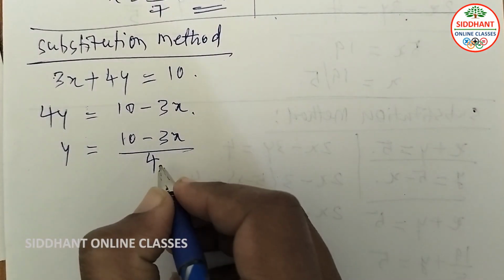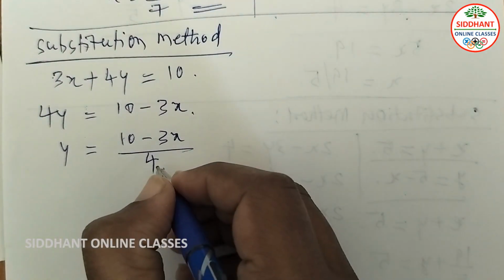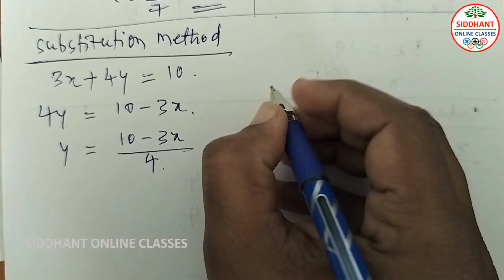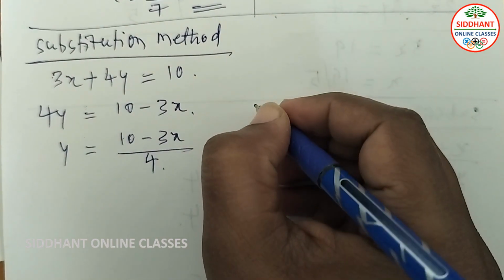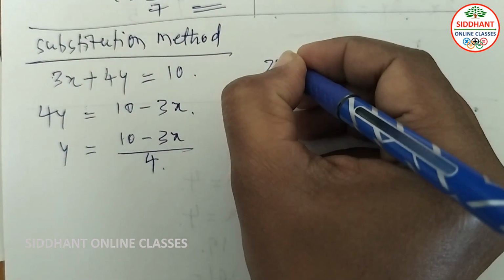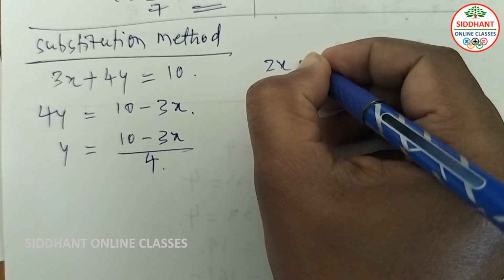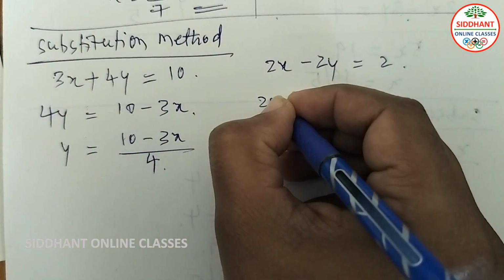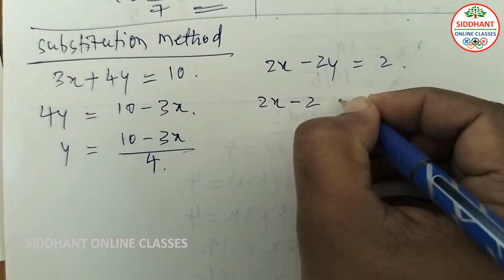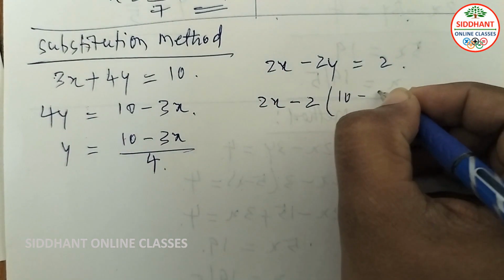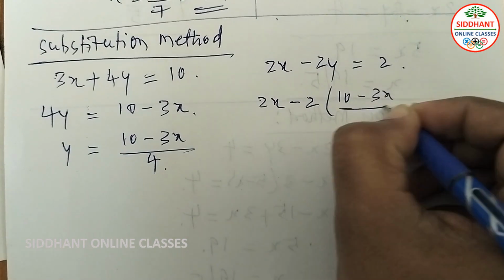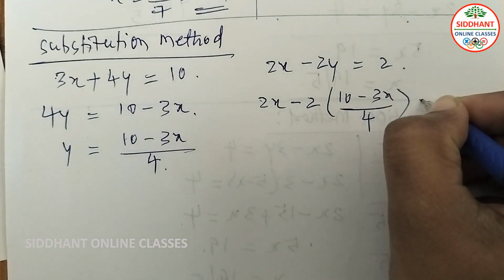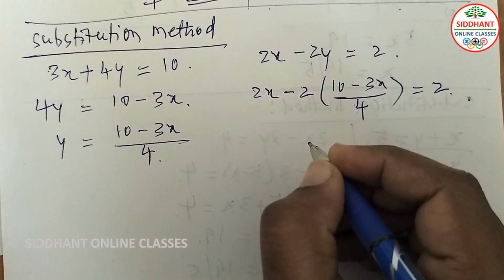So this is y, and we are going to input this y variable in equation 2, which is 2x minus 2y equal to 2. Now 2x minus 2 into (10 minus 3x) by 4, which is equal to 2.